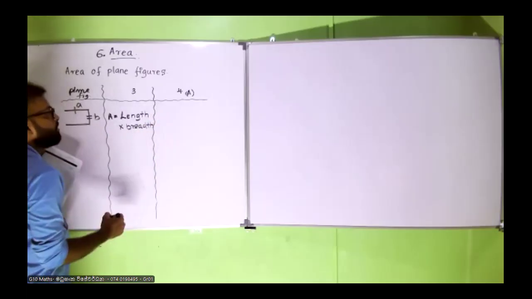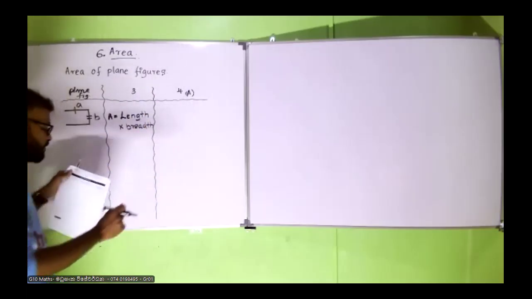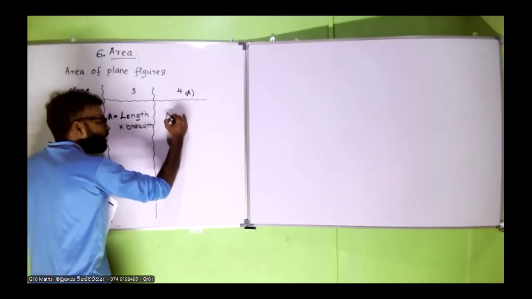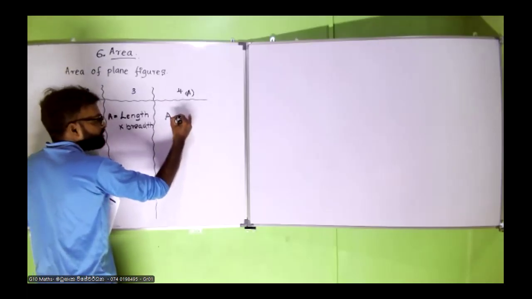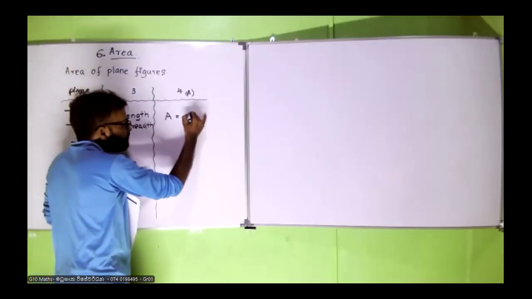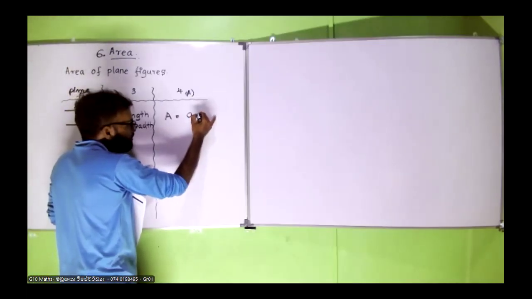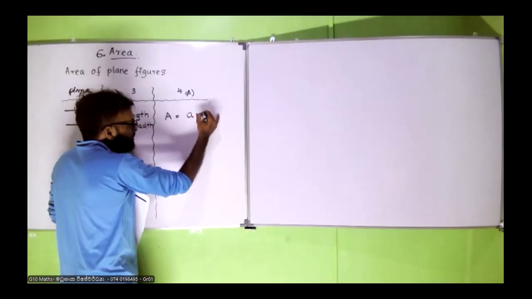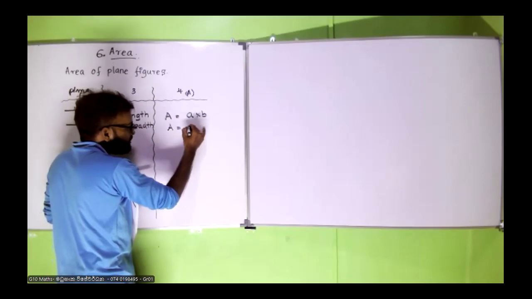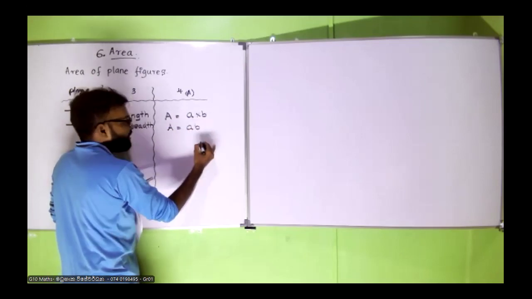So in the area column, you can write the final formula that you are going to use: A equals A into B. A is the length, B is the breadth. So finally you can say A equals AB.